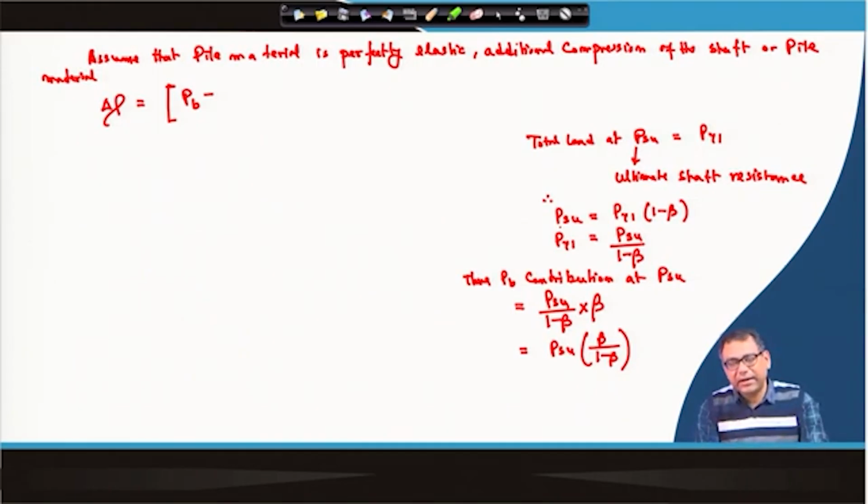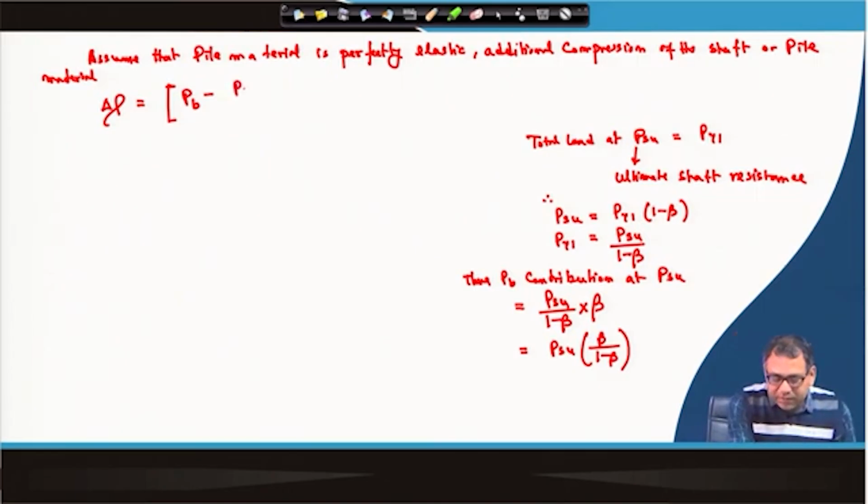So the total load I can express in terms of the ultimate shaft resistance as PSU divided by 1 minus beta, and the contribution of this total load to the base will be beta times this total load. You have to subtract this P b contribution at PSU, because that will not create any effect on the pile material compression, or the additional compression. So we have to subtract PSU beta divided by 1 minus beta.